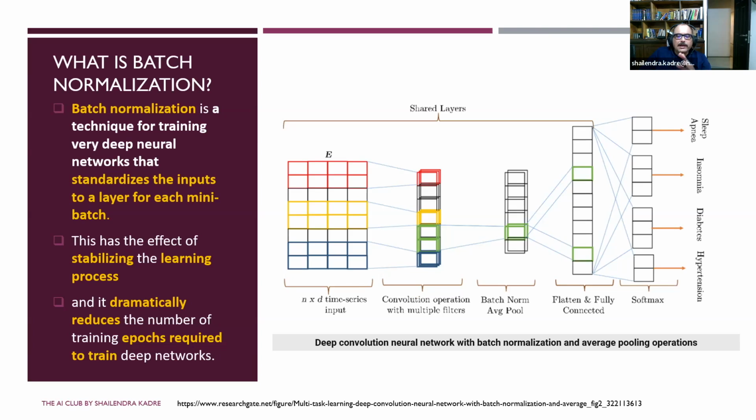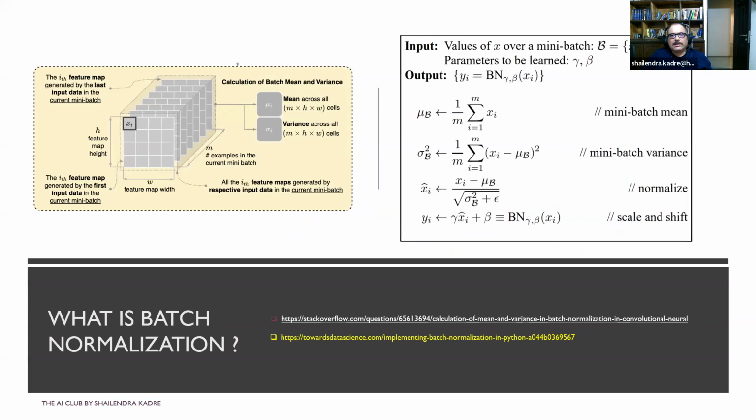After every layer we put a batch normalization layer, as I have shown here. I will show you how it is done mathematically. First of all, we introduce one new concept called mini batch.